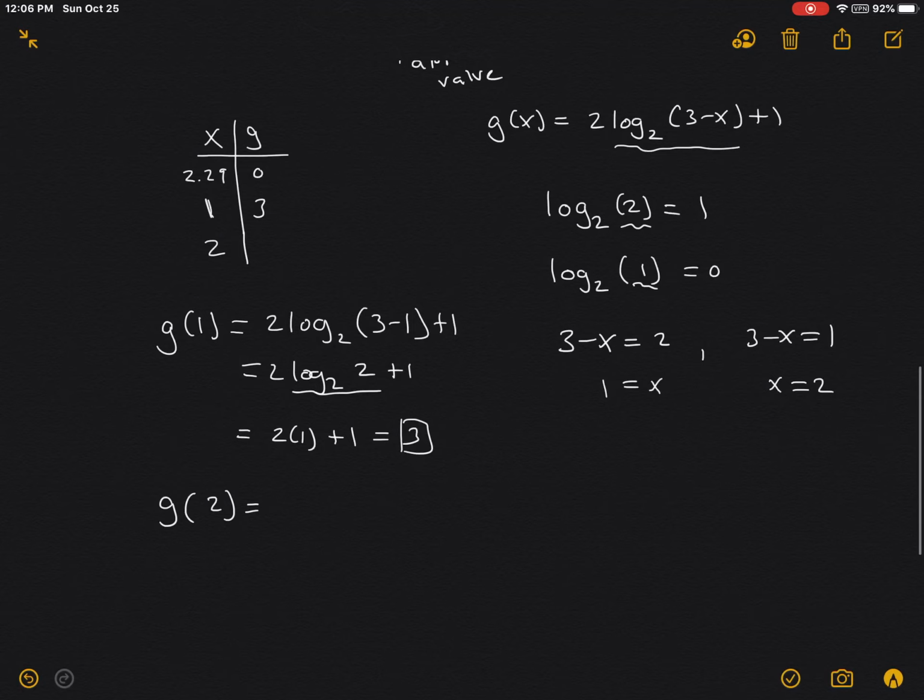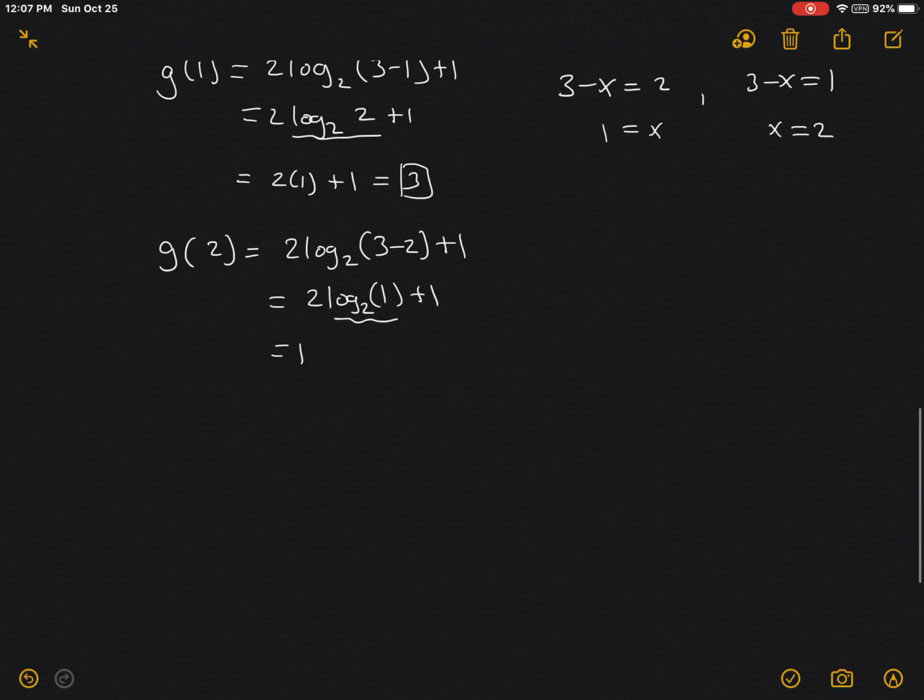And if I evaluate g of 2, another easy point to evaluate, log base 2 of 3 minus 2, plus 1, you're going to get 2 log base 2 of 1. Log base 2 of 1, we know that's just 0. And so over here, you're just going to get 2 comma 1. Okay, so you have more than enough points. You can graph this now on a set of axes.